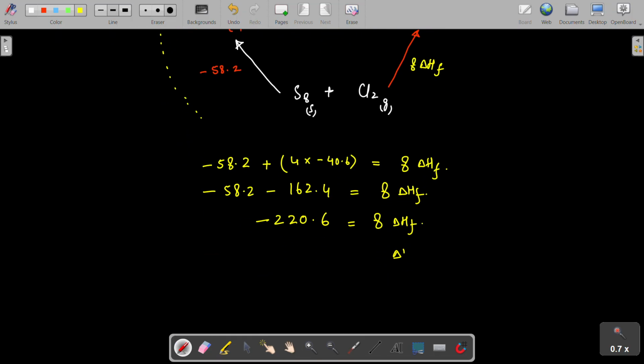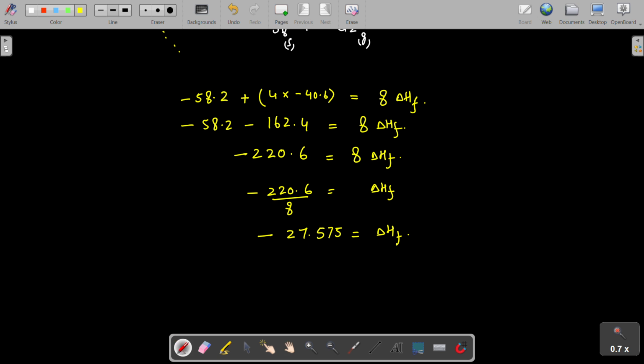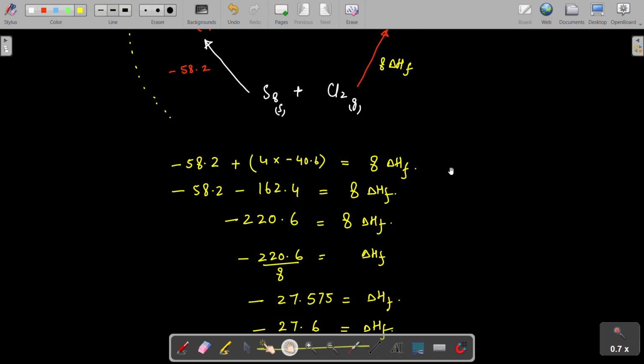Now if I want delta HF, I have to divide this value by 8. By dividing this by 8, the answer is minus 27.575, which is the delta H formation. If I simply round it off, the answer will be minus 27.6. So that's how we can solve this type of question.